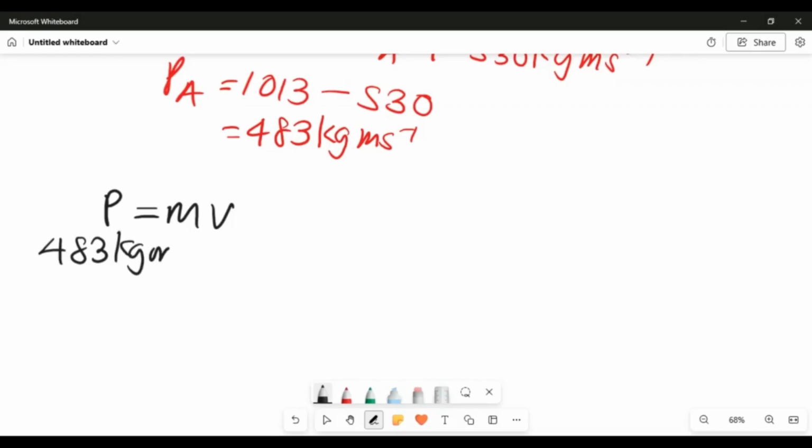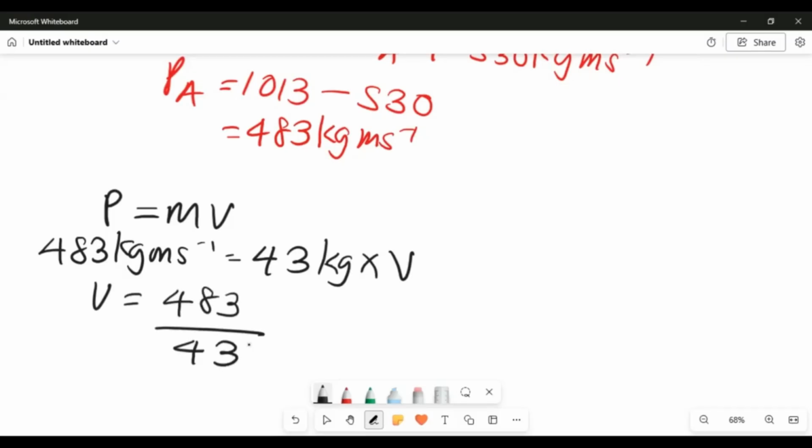Mass is 43 kilogram, and we have to find the velocity. So final velocity is equal to 483 over 43. So the final answer is 11.2 meters per second.